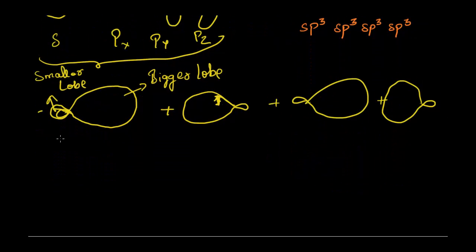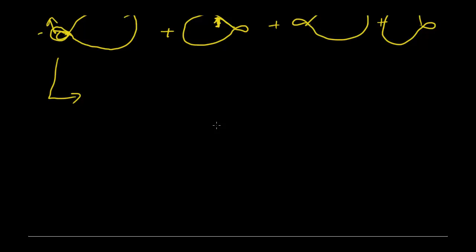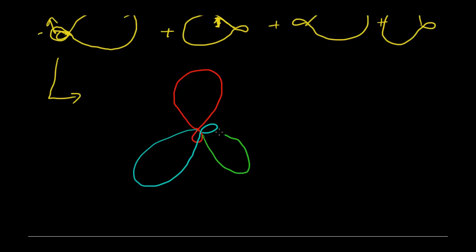Now, if I have to arrange these four hybrid orbitals in 3D, they look something like this. So, this is my one hybrid orbital. Let me take some other color. This is my other hybrid orbital. Then this is my third hybrid orbital. And last is my fourth hybrid orbital.